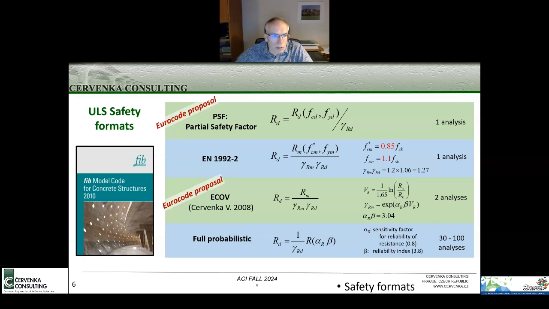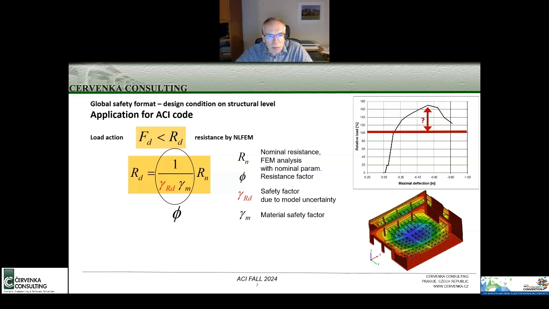In Eurocode, the new version will also include safety formats for nonlinear analysis. And they all can be quite nicely transferred, I think, into the ACI concept, where this resistance factor typically includes the model uncertainty, the material uncertainty, and the geometric uncertainty.